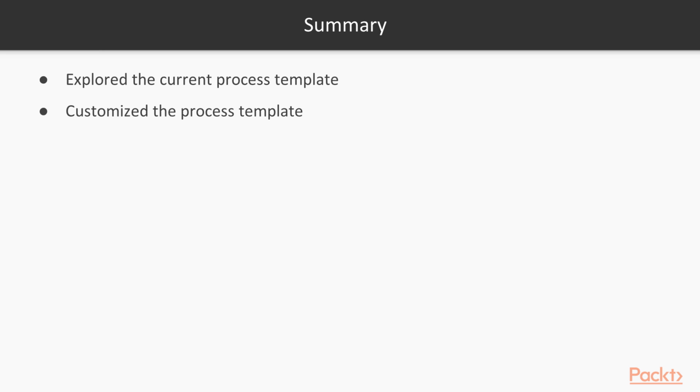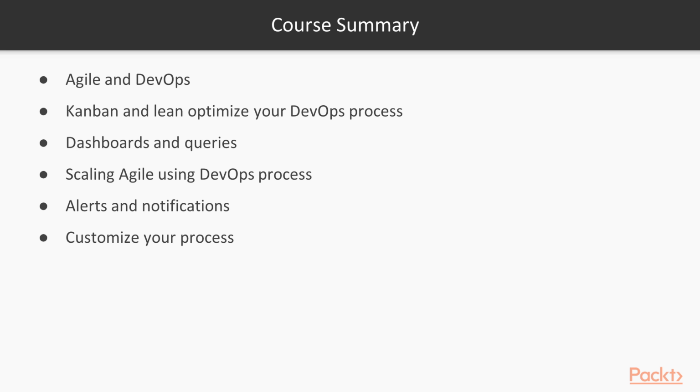So in this section, we've covered off exploring the process template types and customizing a process template. We've covered off Agile and DevOps and how they apply to your projects. We've then moved on to Kanban and Lean and how to optimize your DevOps processes, followed by dashboards and queries and how to build insight-driven projects.